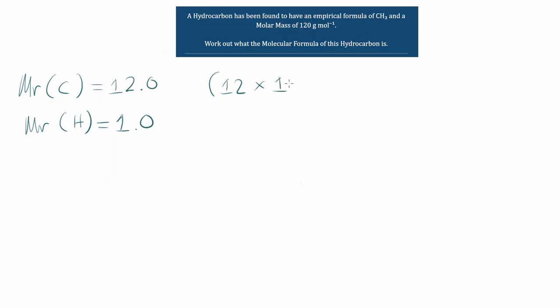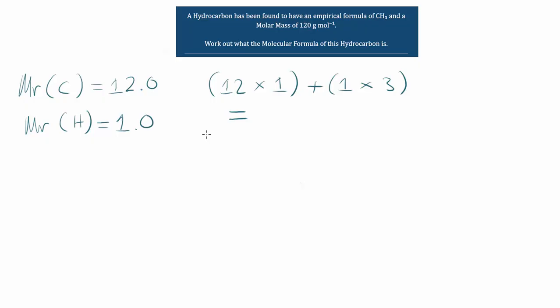And add that to the value for hydrogen. So hydrogen has the molar mass of 1. Multiply that by, well, how many times does hydrogen occur? As you can see, the numerical coefficient associated is 3, so we're going to do 3. And so that's going to give us what value?